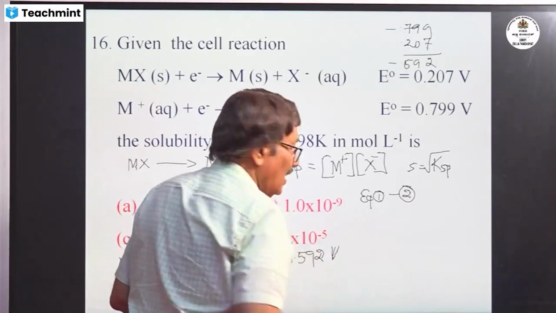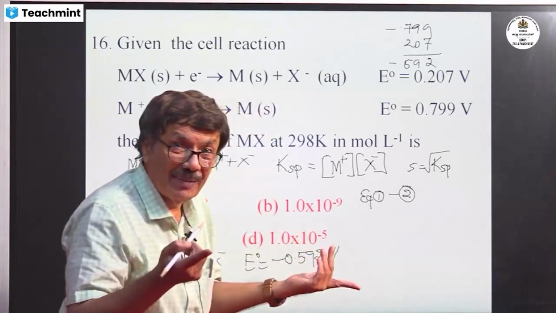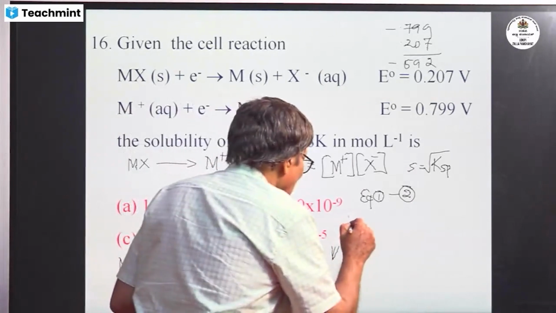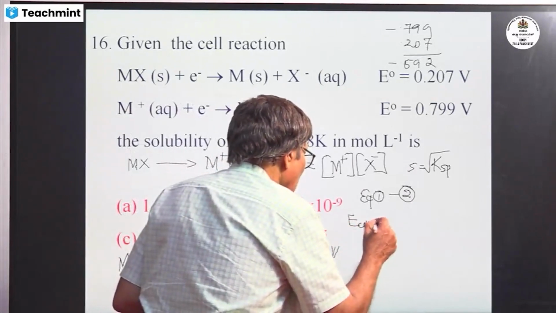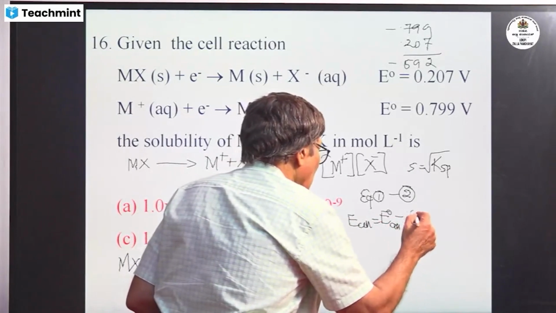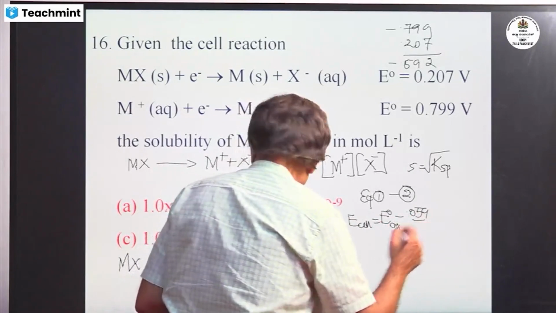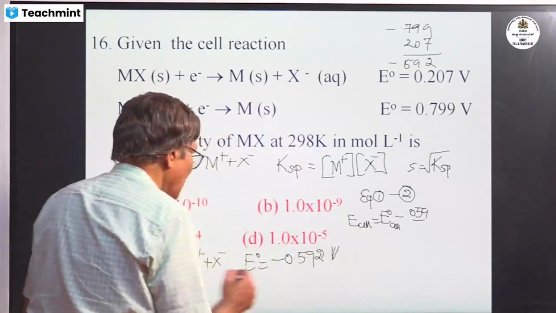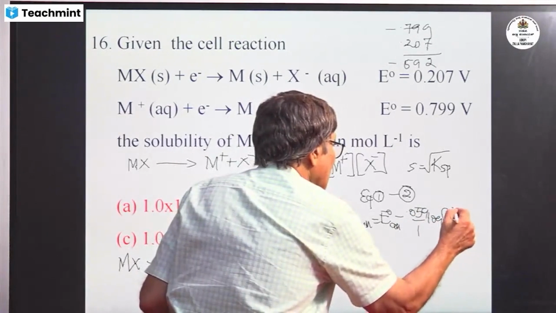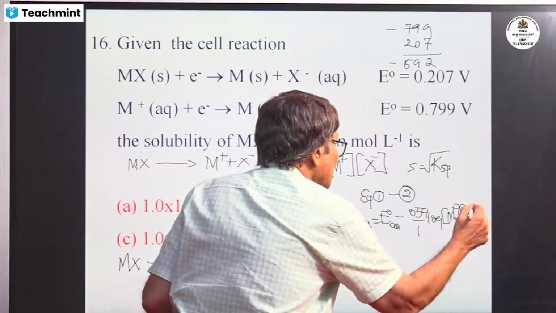When the cell is discharged completely, once again I am telling, for this how can you write? E cell is equal to E naught of the cell minus 0.059 by n, n is 1, log of M plus into X minus.